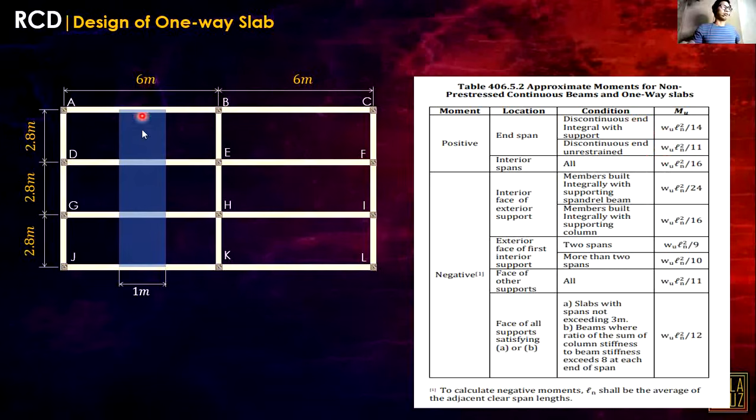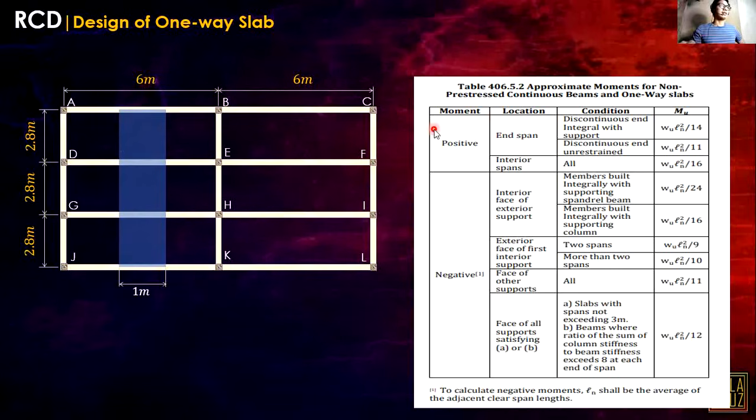Okay, so ito yung frame natin. So, unahin natin yung positive moment. Of course, in this slab, as you can see, at the support, at this one, fixed yan. Okay? And also this one, fixed din yan. So, unahin natin yung positive moment. Yung positive moment, as we all know, that will be acting at the center or at the midspan dito.